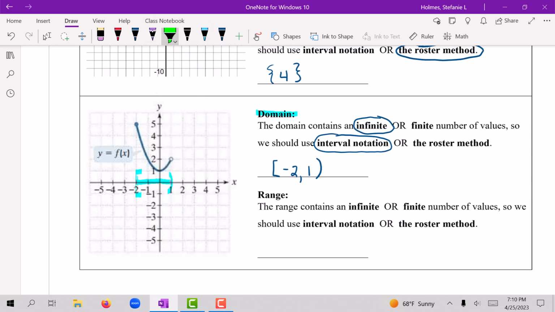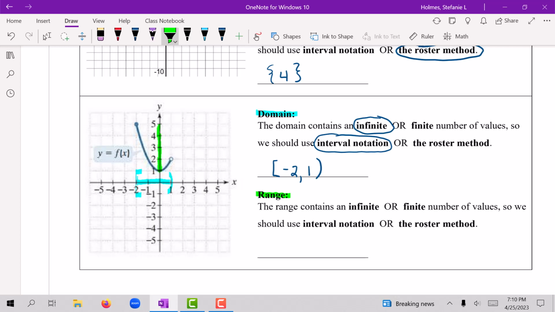Okay, doing the range, remember, we need to go from the lowest vertical distance to the highest. So the lowest vertical distance is here, and we keep going up, and up, till we get to right there.